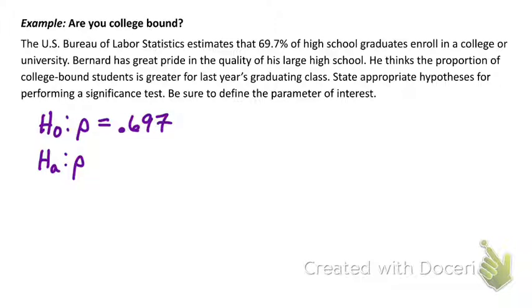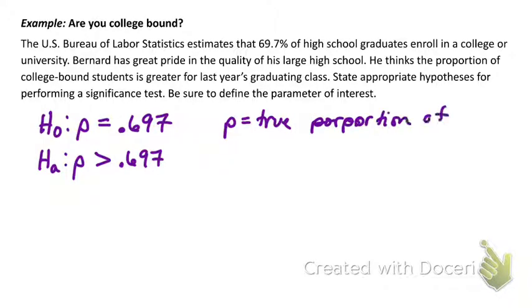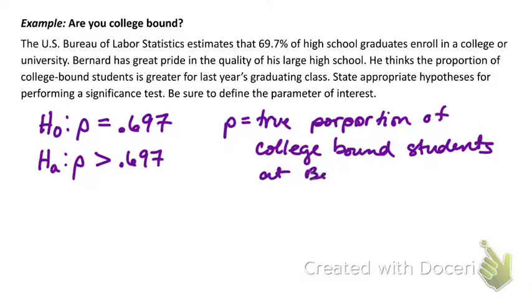So what would our alternative hypothesis be? P is greater than 0.697. Again, we are stating it in terms of the number for the claim, but we are thinking that P is greater than 0.697. And then we're going to define our parameter. P is the true proportion of college-bound students at Bernard's school.